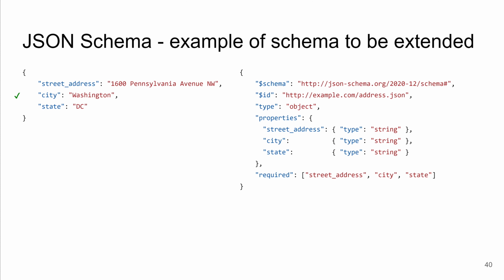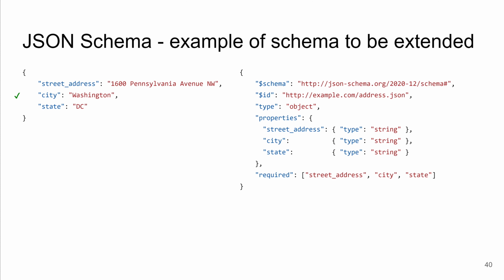Right, so let's take a look at how schemas can be extended or built upon. So this is what we already had: the schema on the right validating the instance on the left, where we had a street address, a city, and a state. All of those, the street address, city, and state, are required by this particular schema. What if we want to extend this address by another key value pair, and we want to validate that key value pair?